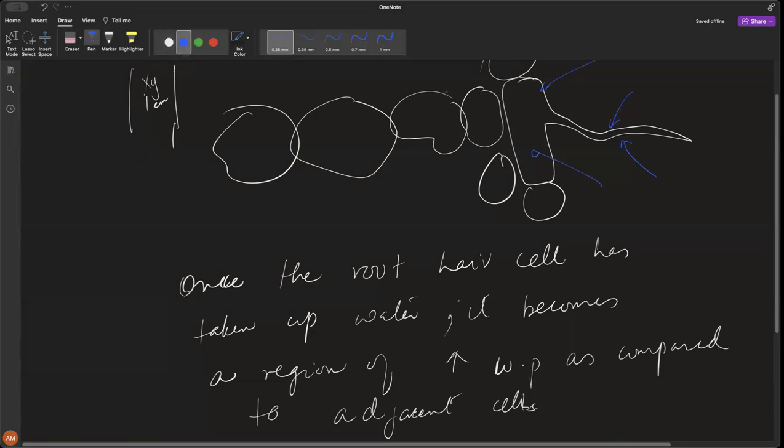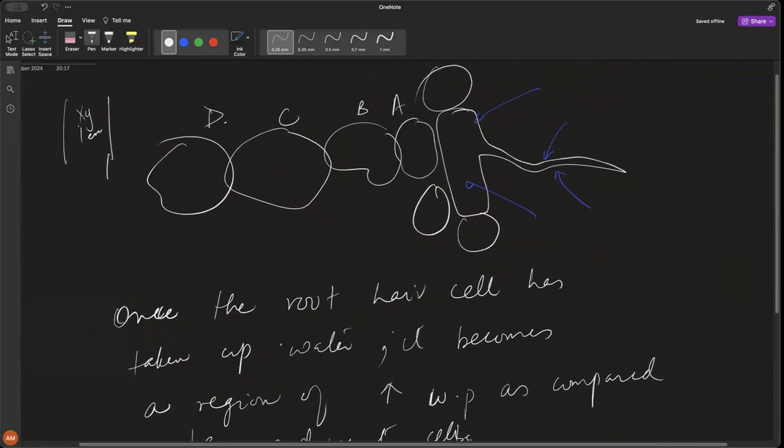We can call the adjacent cells A, B, C, and D, right? So if you look at it, cell A becomes a region of lower water potential as compared to the root hair cell once the water is taken up.